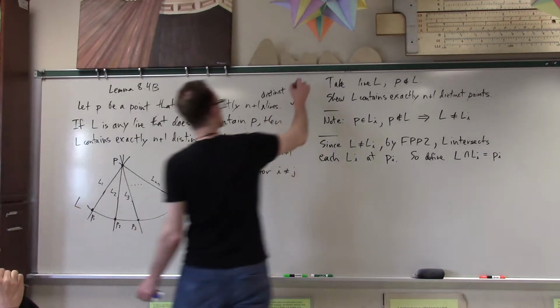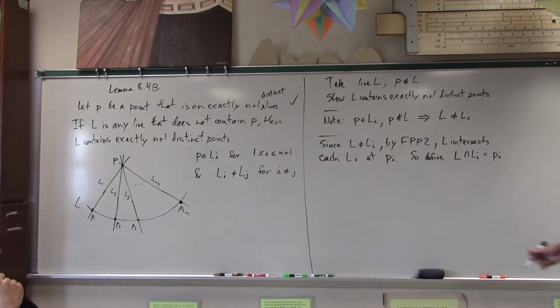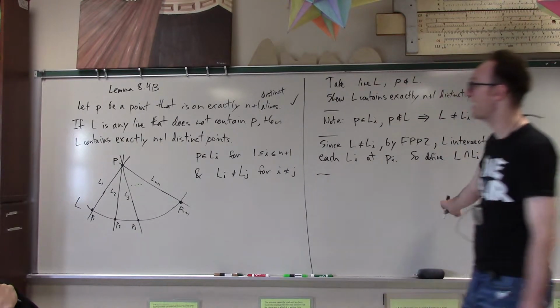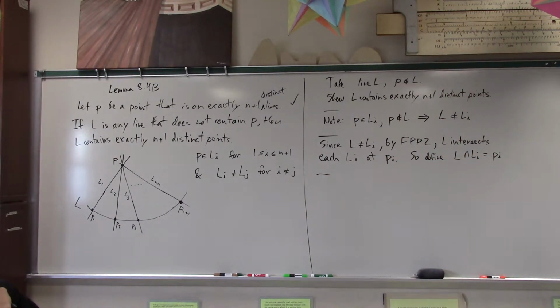Our goal was to show that there are n+1 points on this line L. Have we succeeded? Not quite, because we have to show that we really do have n+1 points. In other words, that none of these points are the same. We have defined these n+1 points, but we have to show that they're all distinct. Well, why are they distinct?